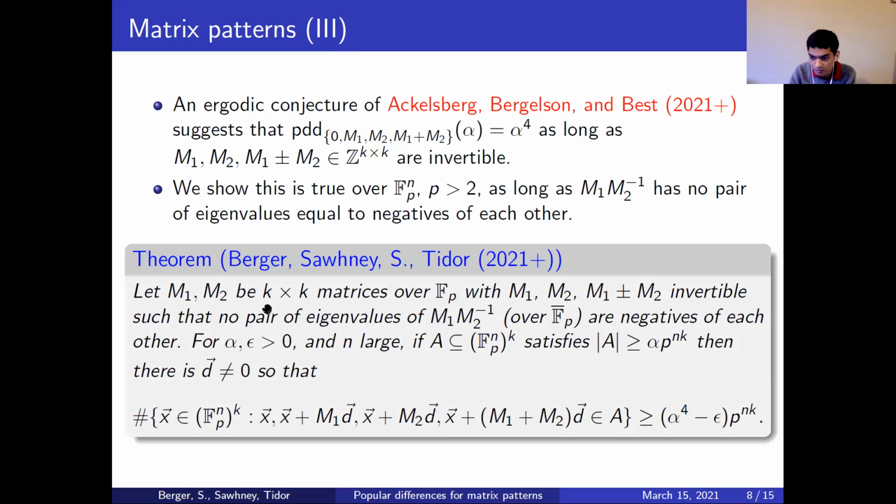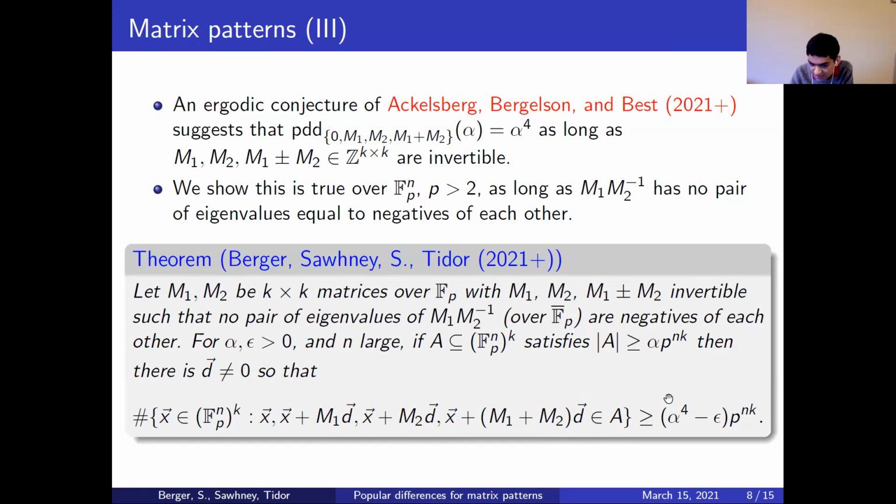So here's a more technical statement of that. Basically, if you have k by k matrices over F_p, and I have a dense subset of F_p^n, k-tuples of that, then I have lots of my pattern with some non-zero difference.